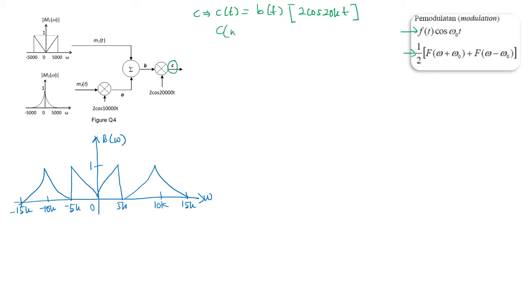So C(omega) equals 2 times B(omega plus 20k) plus B(omega minus 20k). So from the earlier question we have sketched the B(omega) centered at 0. Now this B(omega) needs to be shifted to the left and to the right by 20k. Therefore, your C(omega) may look like this.